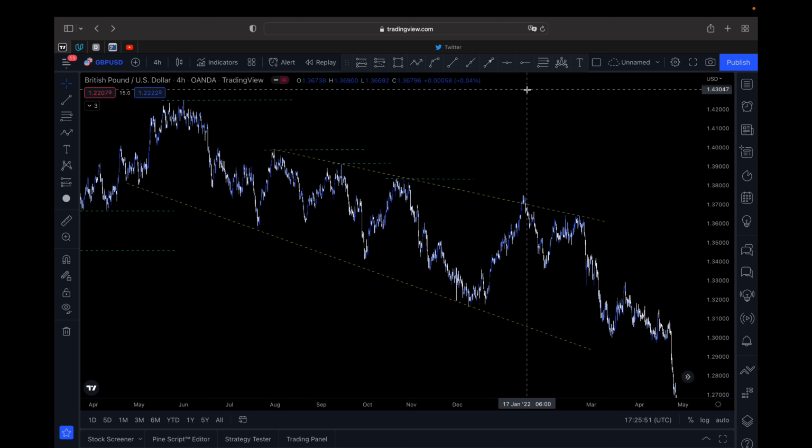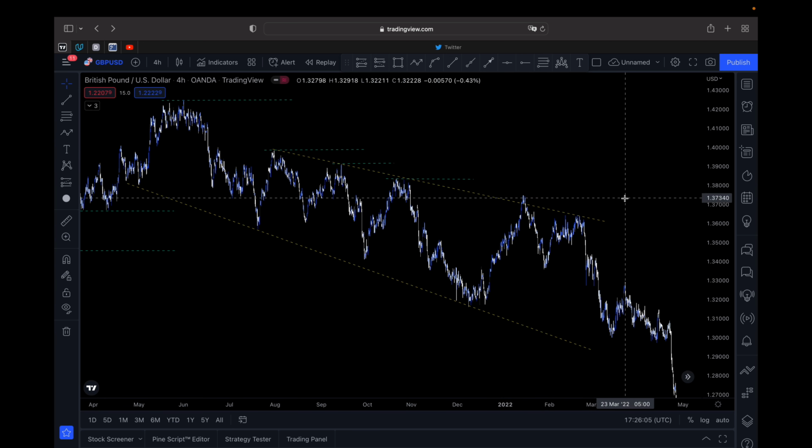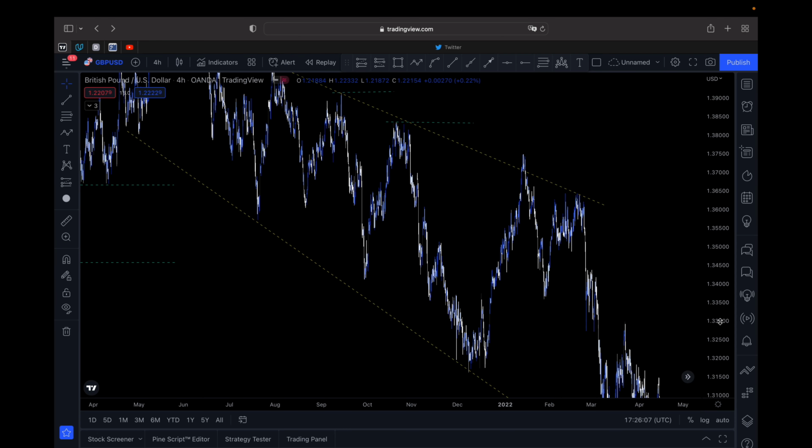It doesn't work that way. Well, you can move to a lower time frame and you will get more trendlines, that's a fact. But on the bigger picture, if you're a swing trader, the 4 hour time frame is a good place to pick out your levels.